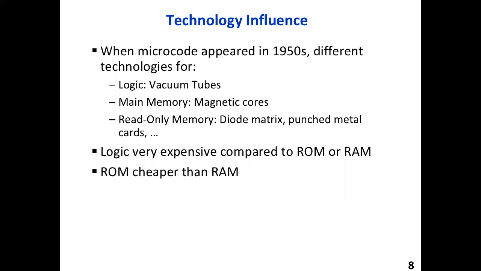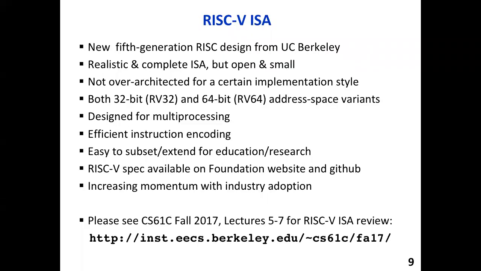And as a result, ROM is way cheaper than RAM because diodes are generally cheaper than trying to create a flip-flop out of vacuum tubes, which is hard. I mean, you need at least two vacuum tubes for that. And in general, we could find that ROM was faster than RAM. And so cheaper, faster, smaller, that sort of thing.